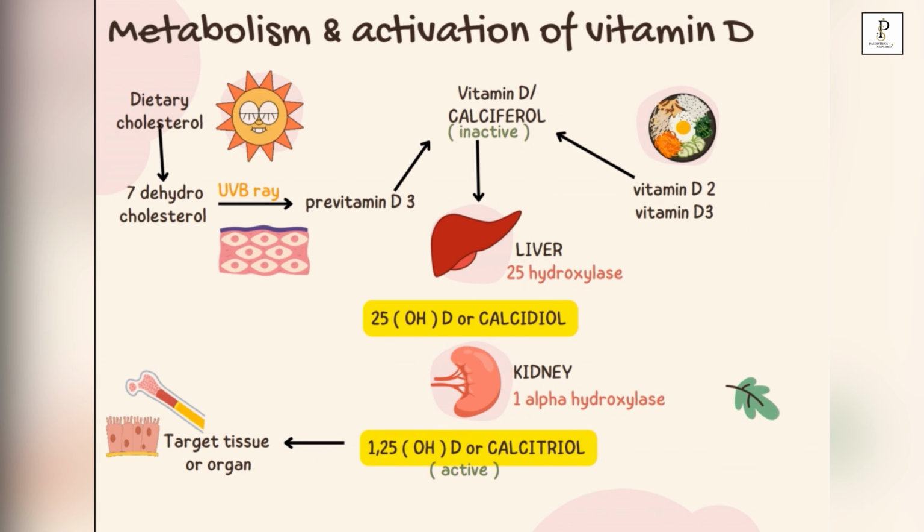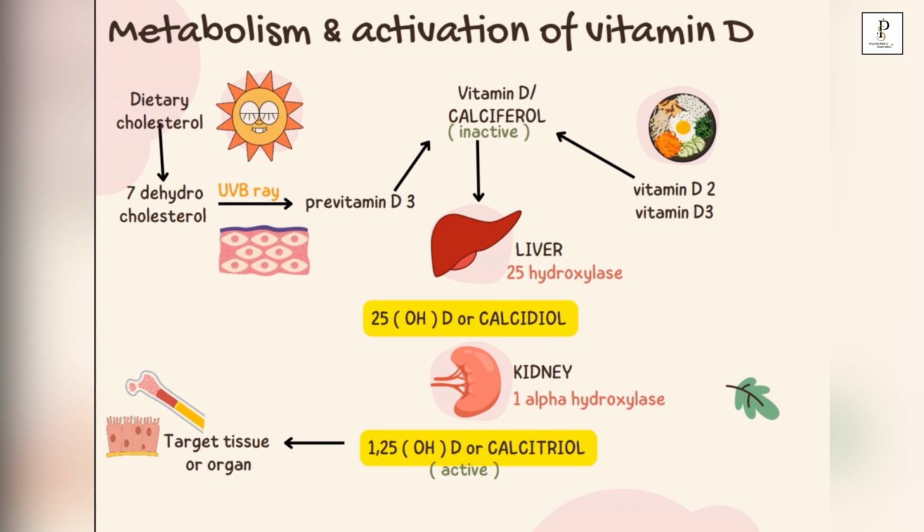Then metabolism and activation of vitamin D. How is vitamin D activated inside the body? As we discussed previously, there are two sources of vitamin D. One is diet and another is sunlight. When sunlight, especially UVB ray of light, falls on the skin of an individual, it converts 7-dehydrocholesterol into pre-vitamin D3. Now where did this 7-dehydrocholesterol come from? From dietary cholesterol.